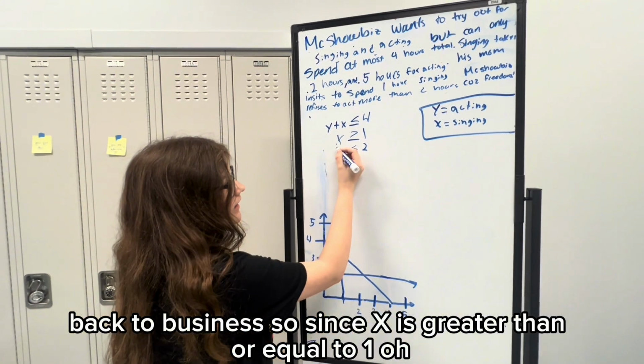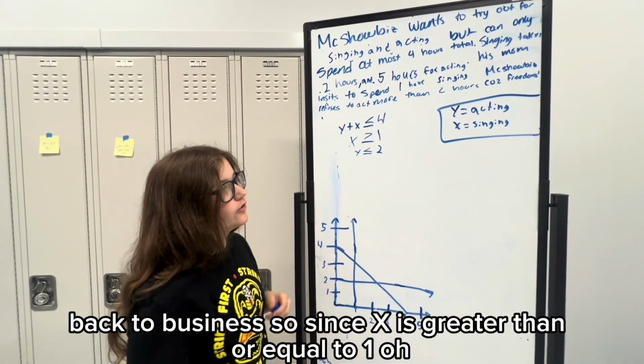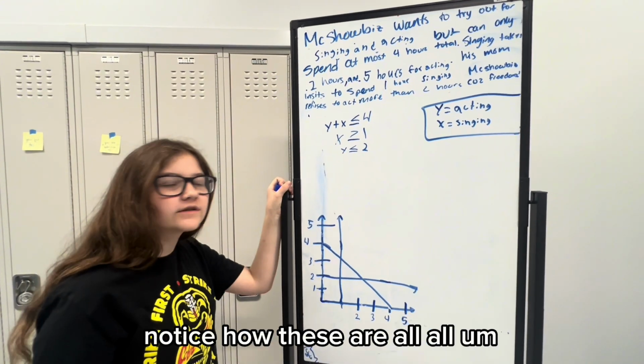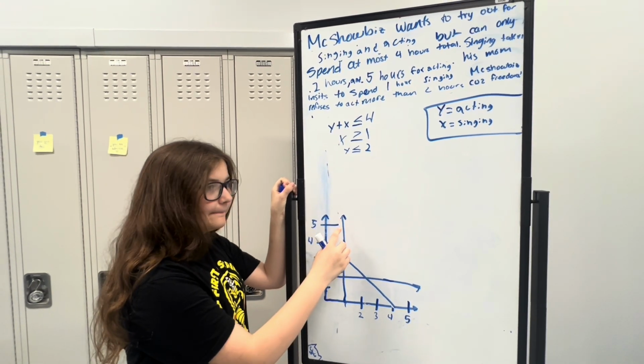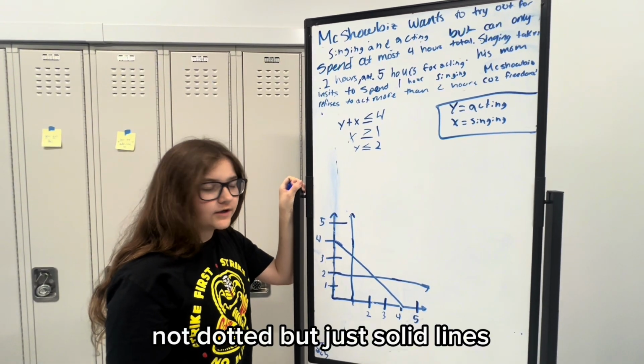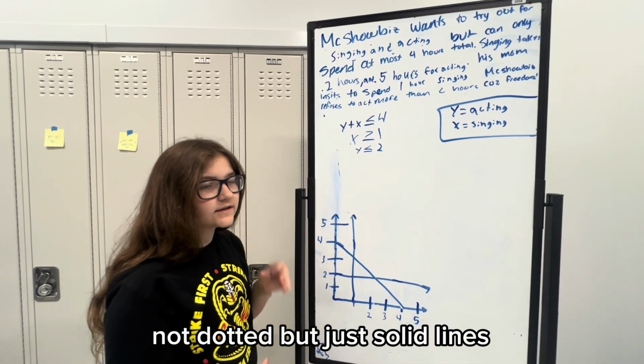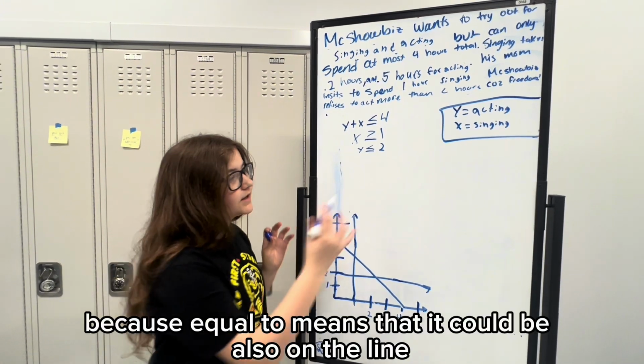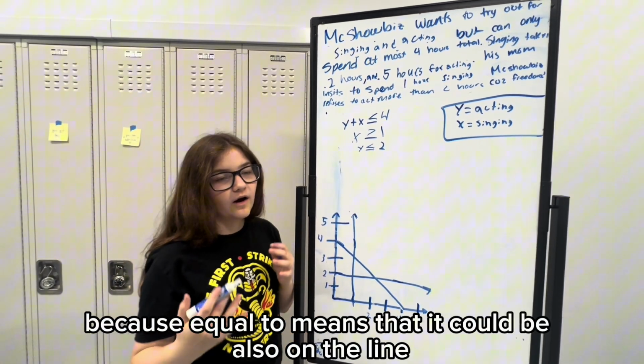So since x is greater than or equal to 1, notice how these are all not dotted, but just solid lines. That is because equal to means that it could also be on the line.